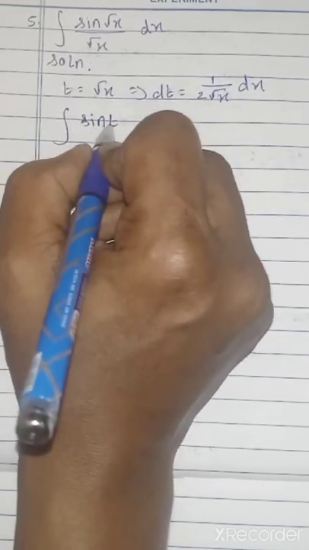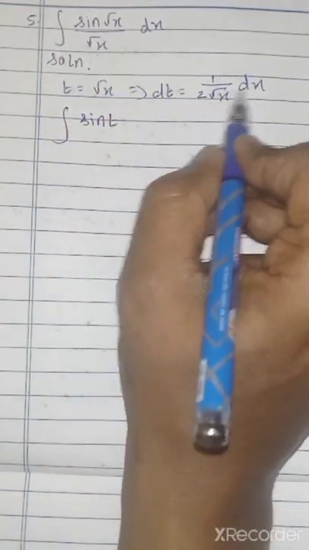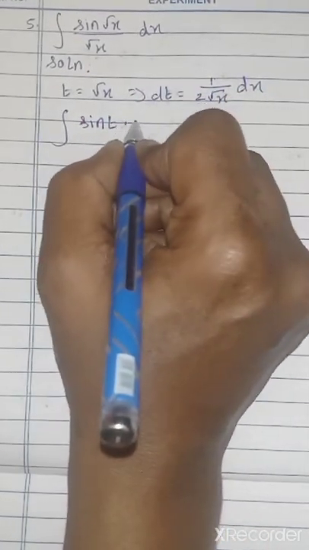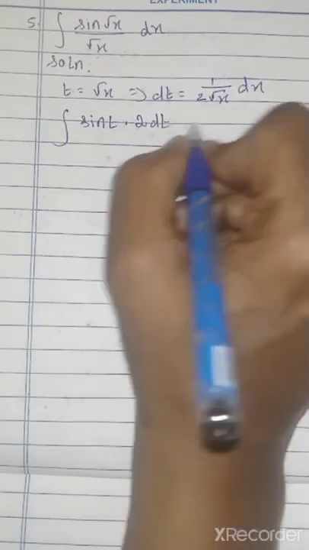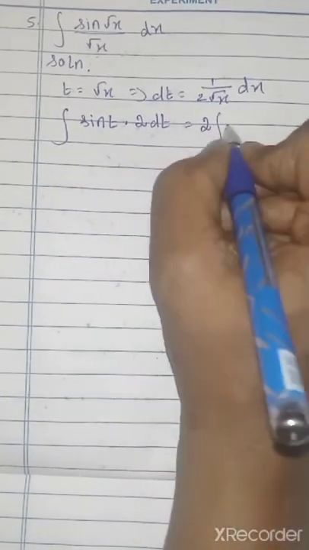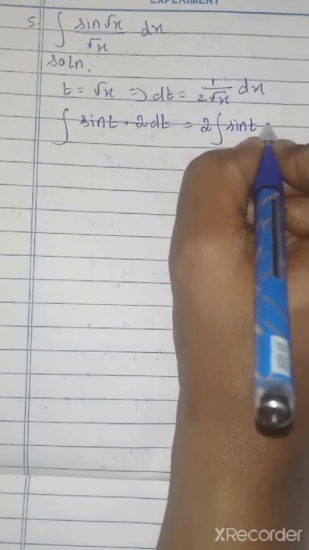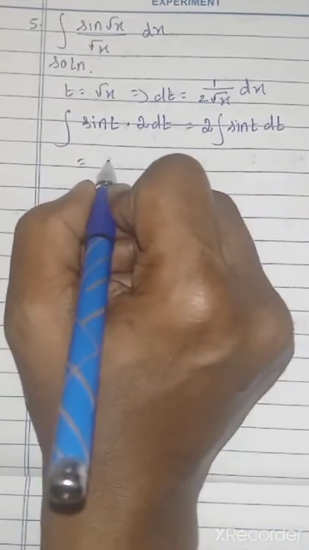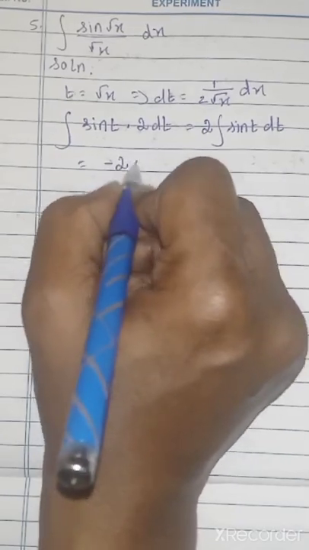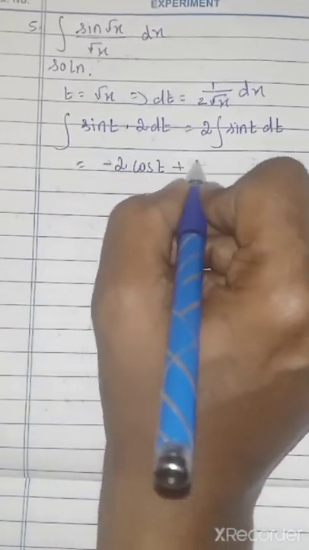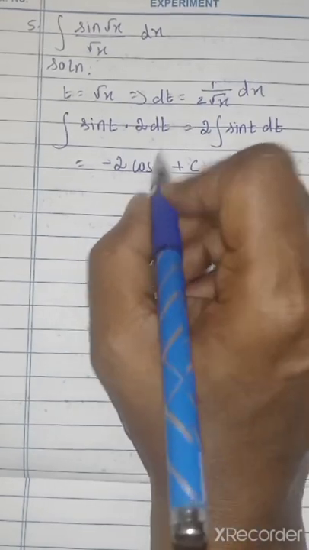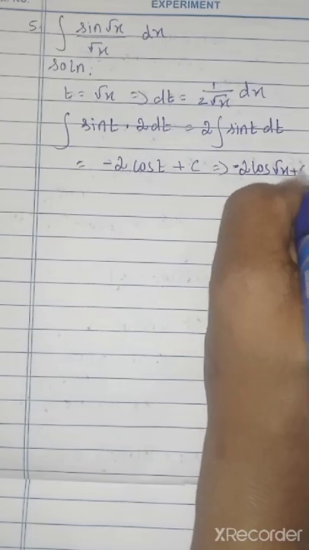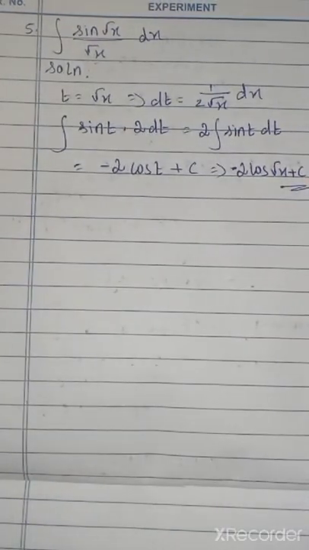So sine t, and instead of 1 by root x dx we can take 2 dt, that is, 2 we can take outside, sine t dt. So what is the integration of sine t? Minus cos t. So minus 2 cos t plus c. What is your t value? Root x. So minus 2 cos root x plus c is the final answer.